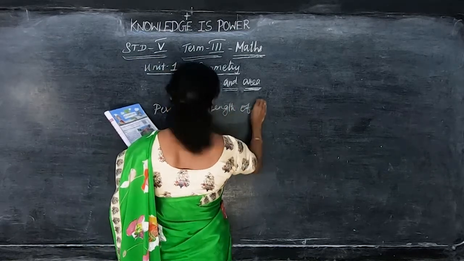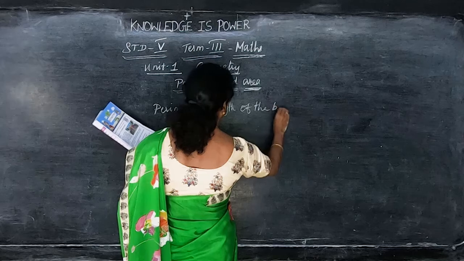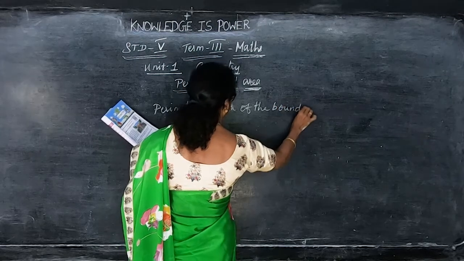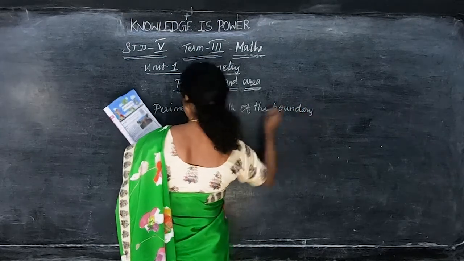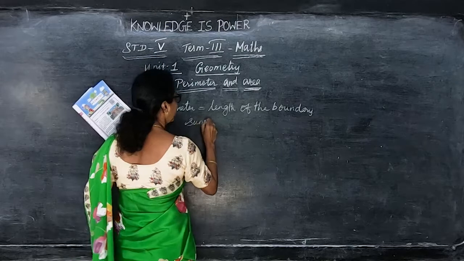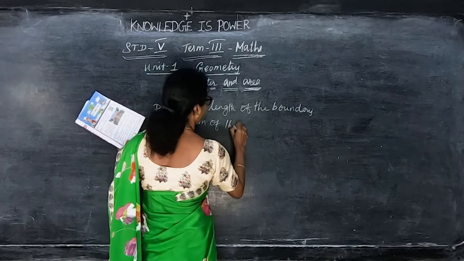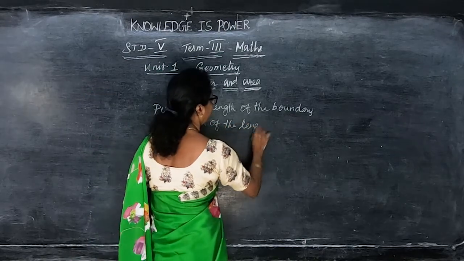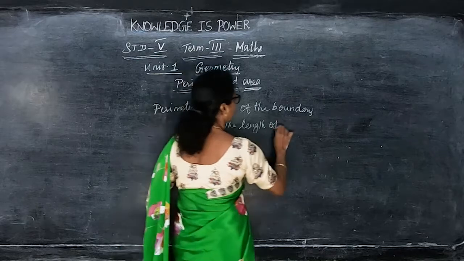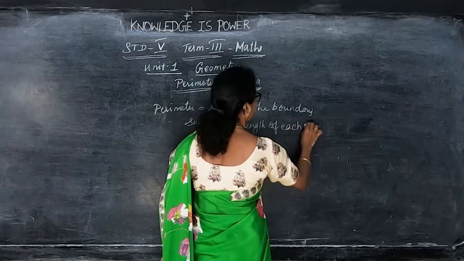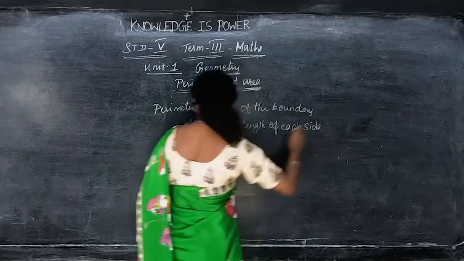The length of the boundary is the sum of the length of each of the four sides.